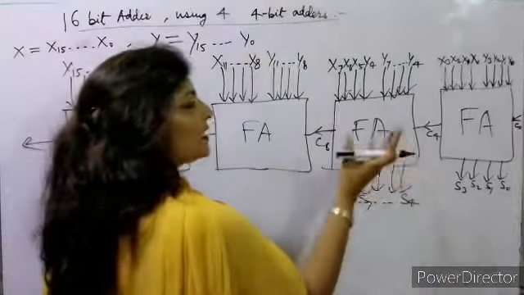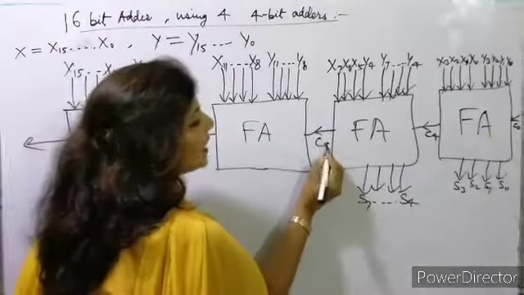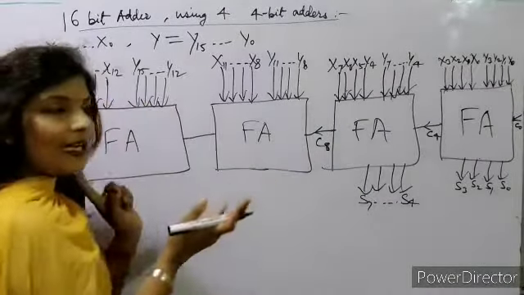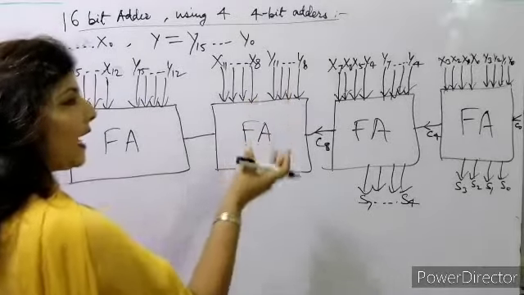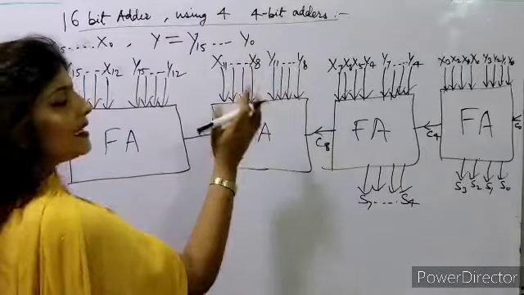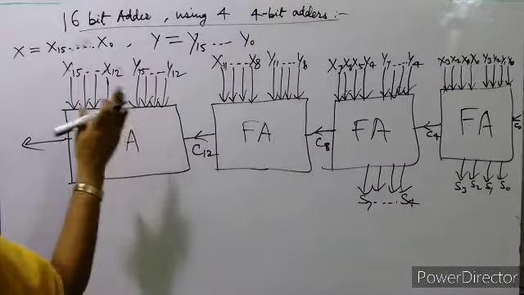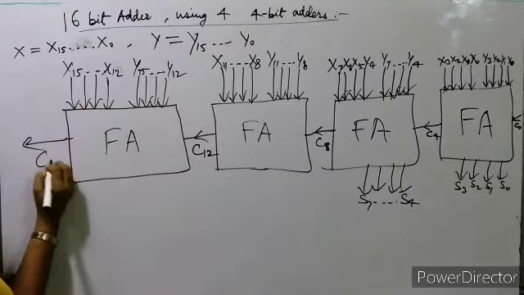Again 4 bits: C4, C5, C6, C7, and the C out will be C8. Then C8, C9, C10, C11, and the output will be C12. Now C12, 13, 14, 15, and the output will be C16.